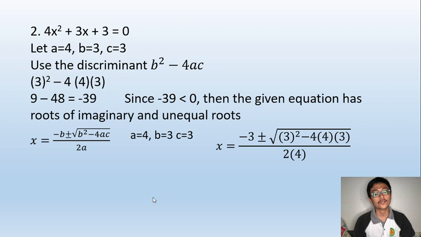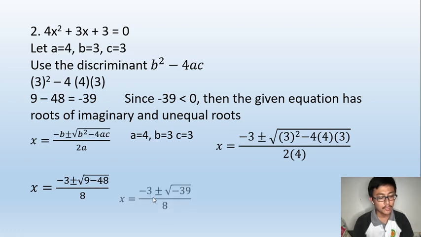So we have negative 3, positive negative square root of 3 squared minus 4 times 4 times 3 all over 2 times 4. Then it will give us negative 3, positive negative square root of 9 minus 48 over 8. Then the final answer is x equals negative 3 plus minus the square root of negative 39 over 8.